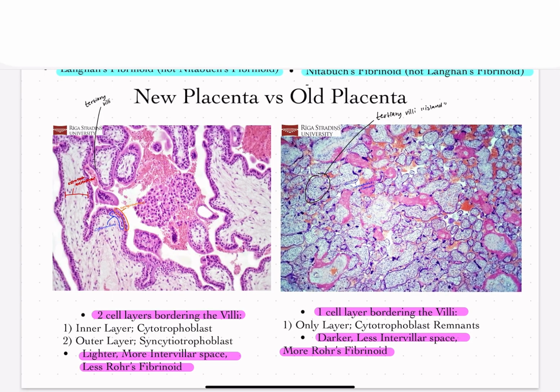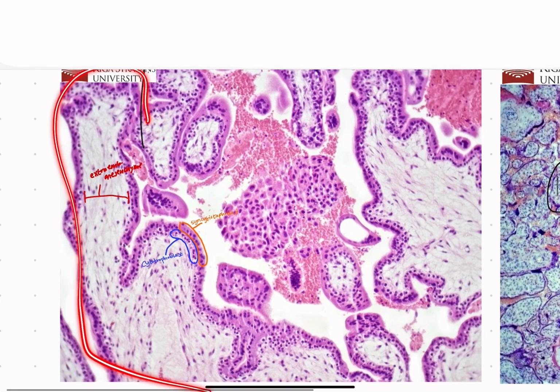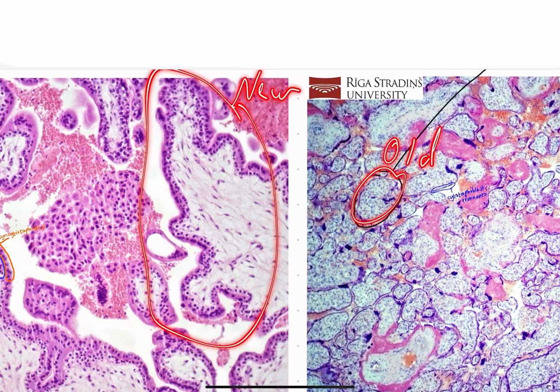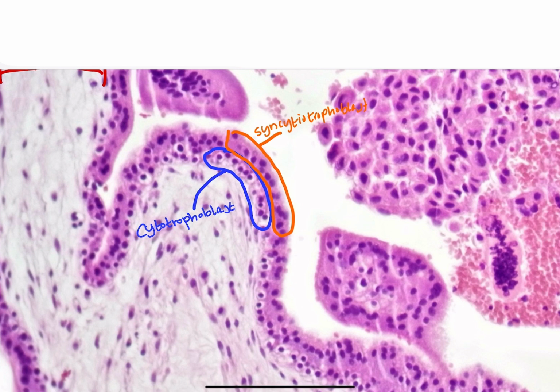New placenta and old placenta are distinctly different in one main area, and that area is what borders these tertiary villi, all of these islands: what cells border them. We can see them here, and we can see them here. This is new and this is old. Now, for the borders of the tertiary villi in new placenta, we can see that they have two distinct cell layers.